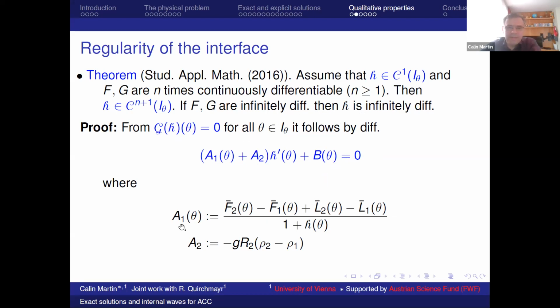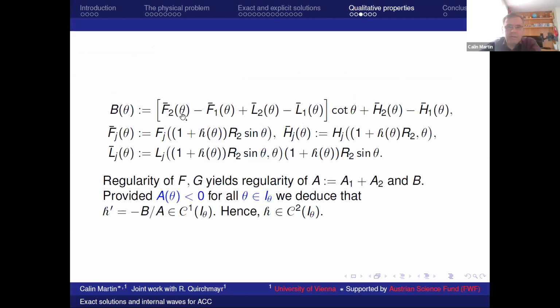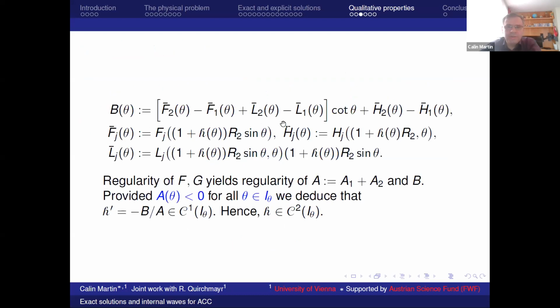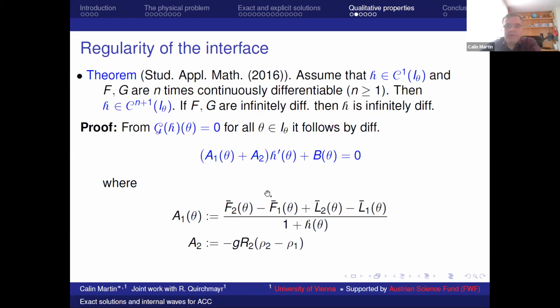And this A1 of theta is also differentiable. This B of theta actually consists of these terms here. They are clearly differentiable if this F2 and F1 are differentiable. And now the point is to show that this coefficient is less than 0.